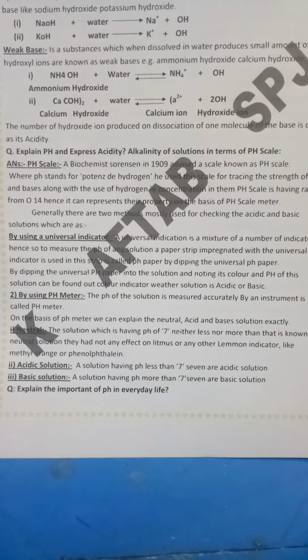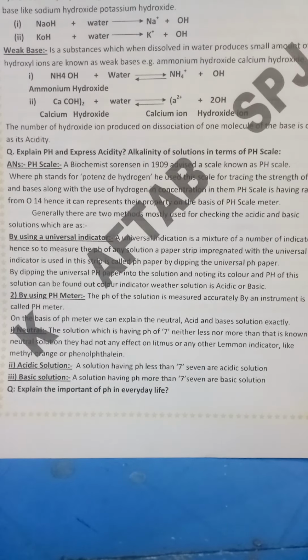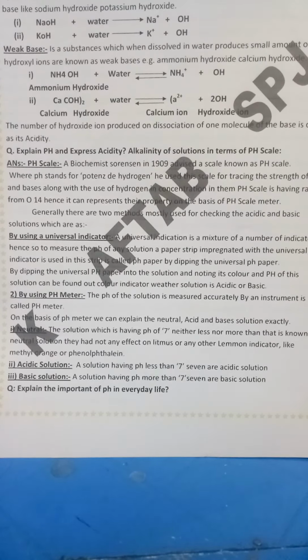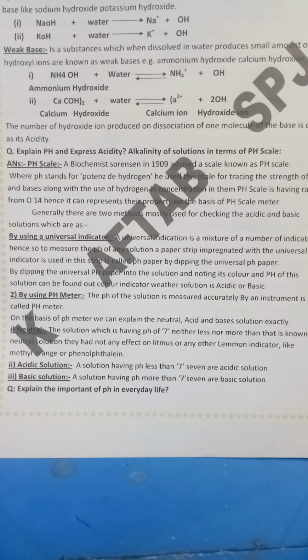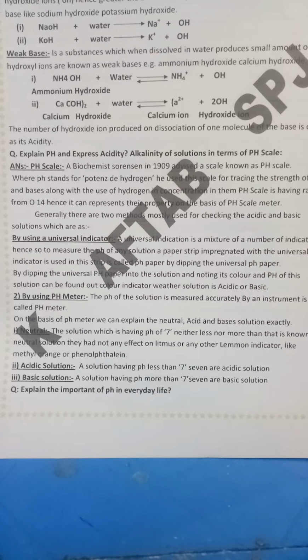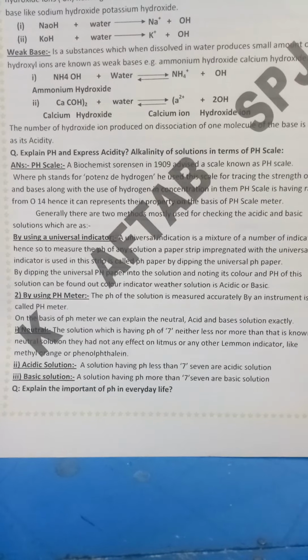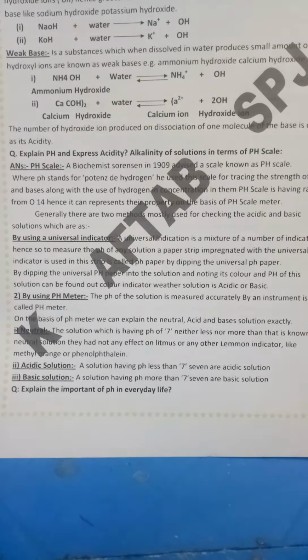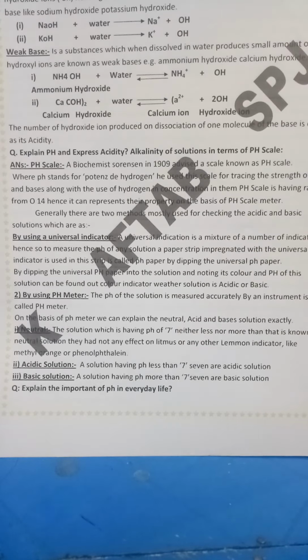The scale, which was established by Sorensen in 1909, is used to check whether substances are acids, bases, or salts. This scale ranges from 0 to 14.